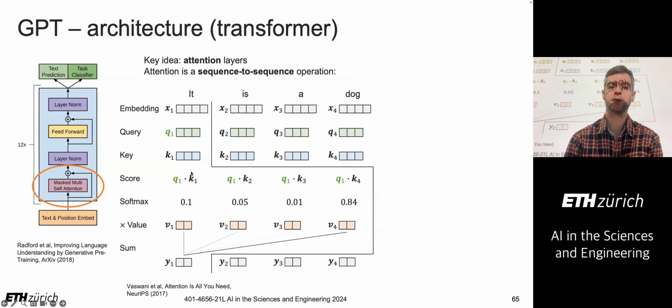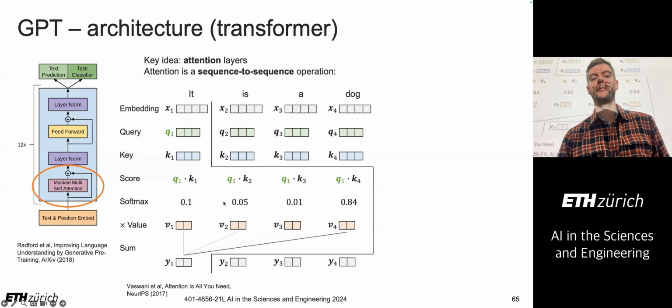And then there's this information communication between the different vectors in the sequence. So we take the query vector from this token, and we multiply it by the key vector from each of the other tokens. And that produces a score. This is a product that produces a score that says how close is this key to my query vector?